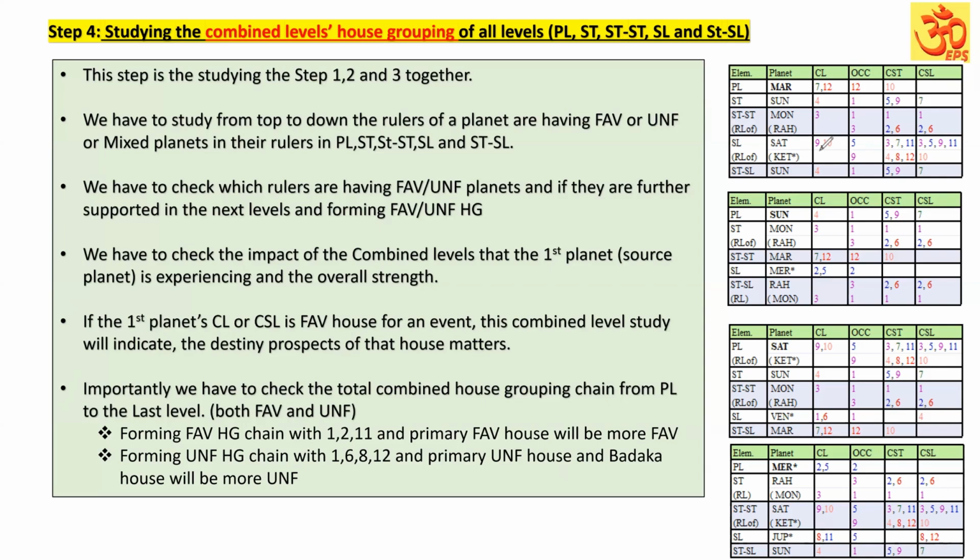That we have to study in this step number 4. It means the combined level of steps 1, 2 and 3. All these three make step number 4. So that way we can see that.